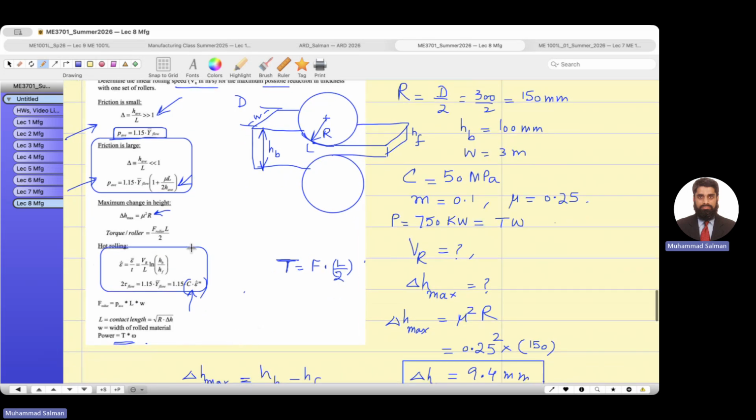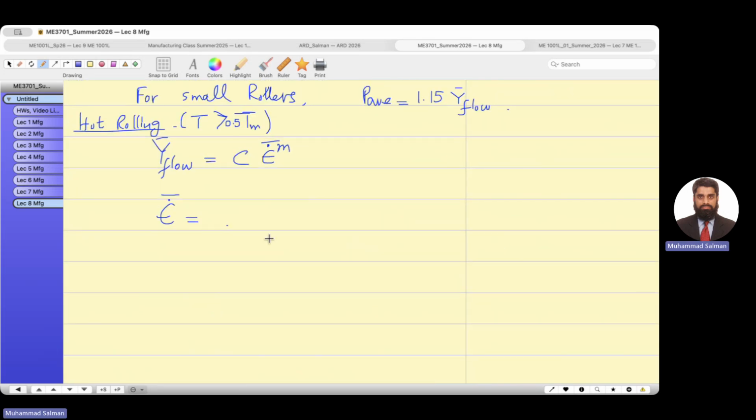Look, this is the formula. So strain rate equals average strain divided by the time, and that is equal to V roller divided by L, H initial, H final.